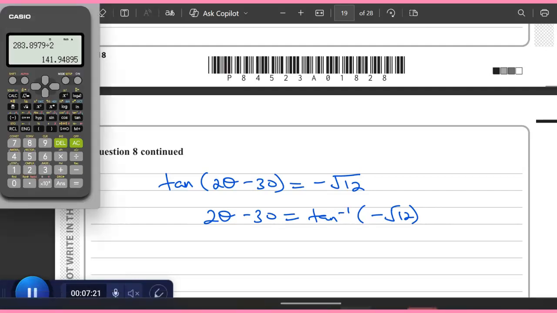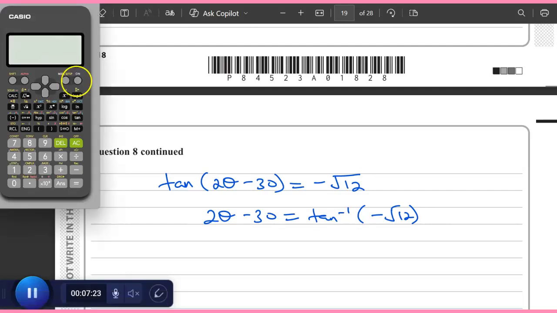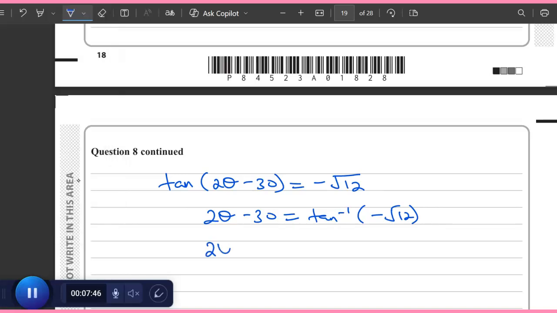From the calculator, the tan inverse of negative root 12 gives us negative 73.8979. So we'll have this still as 2 theta minus 30 equals negative 73.8979.